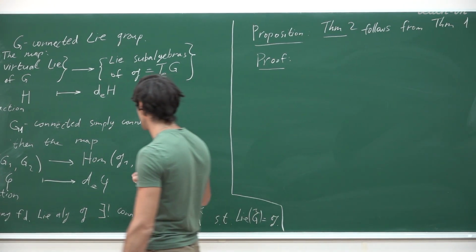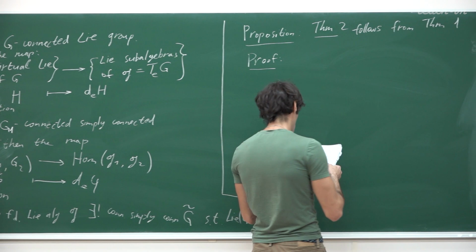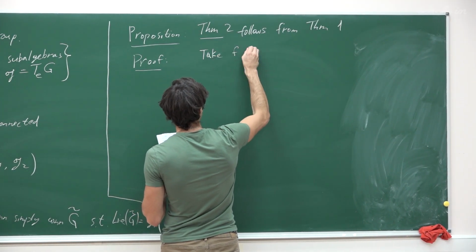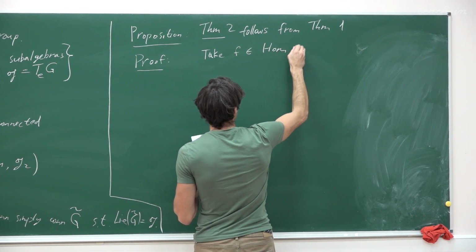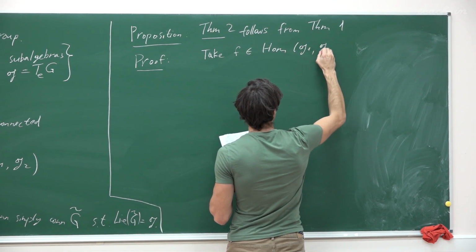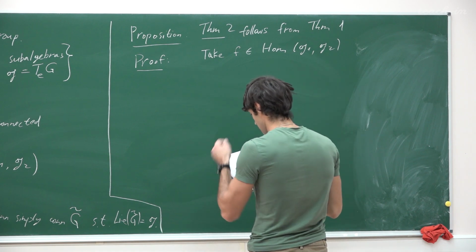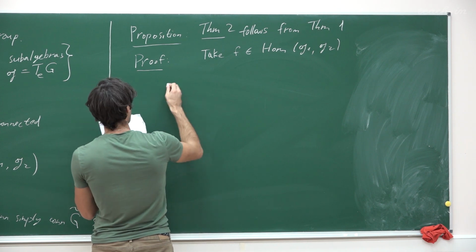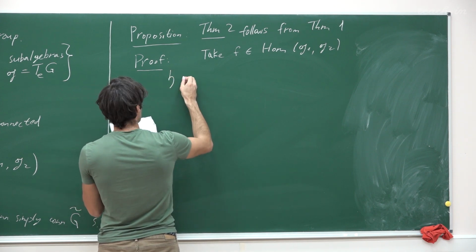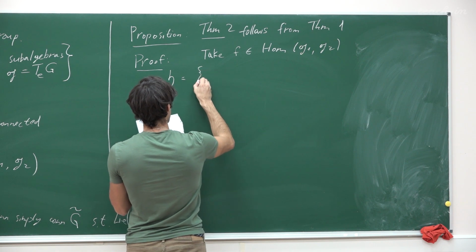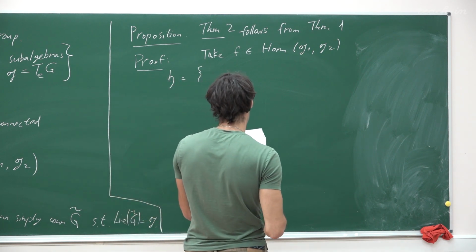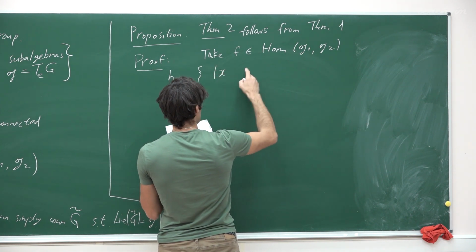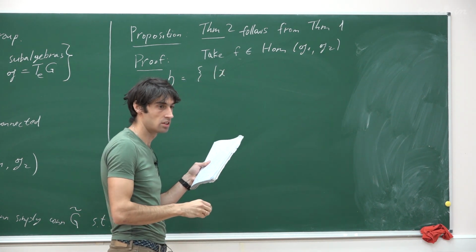Let me take some f from here, and let me consider the following subspace of G1 plus G2. It is what's called the graph of this function.